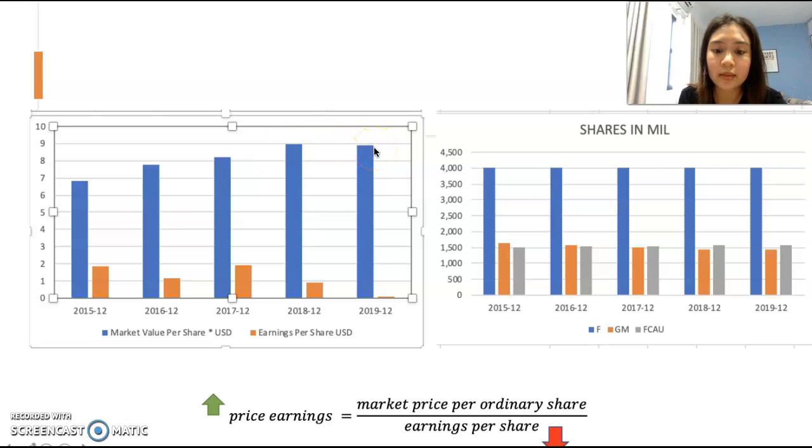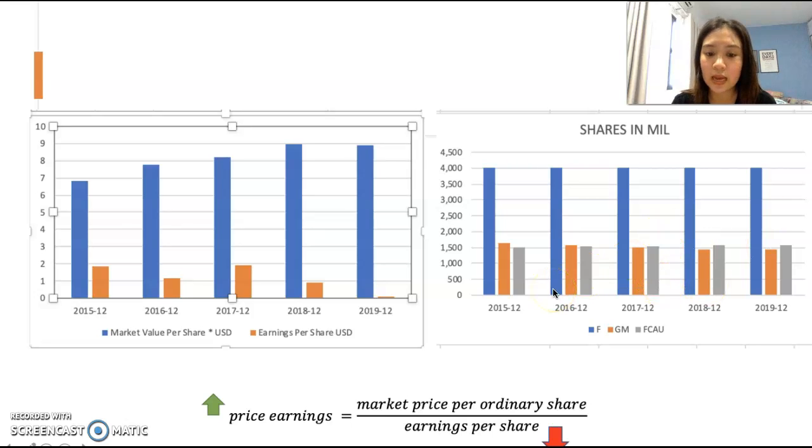It could mean that the stock of a company is overvalued or the investors expect high growth rates in the future. Also, compared to GM and FCAU, F company released more shares, so that's why earnings per share is intensely low.